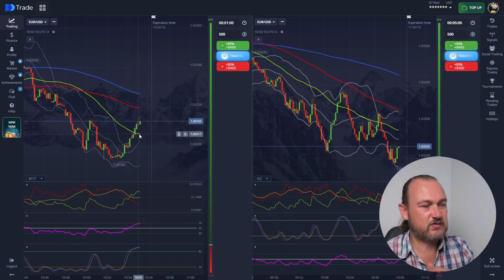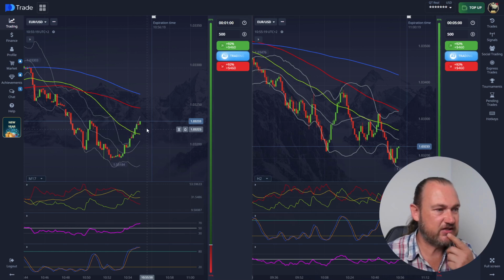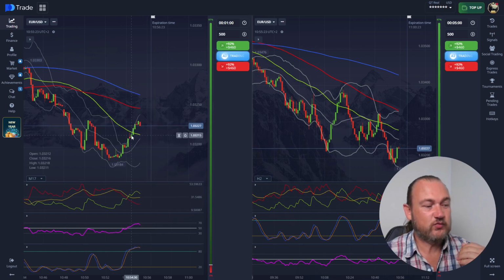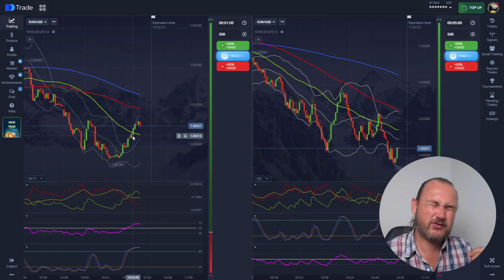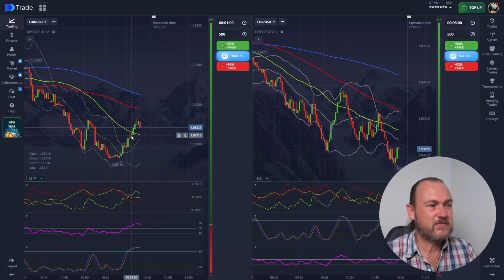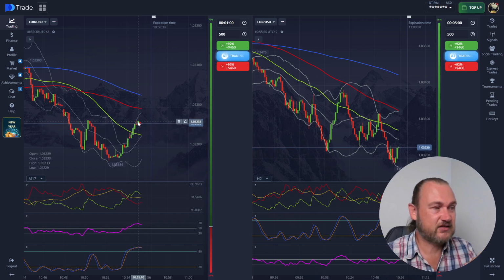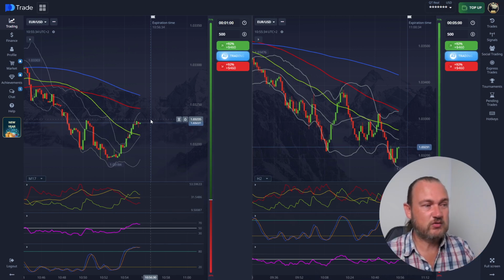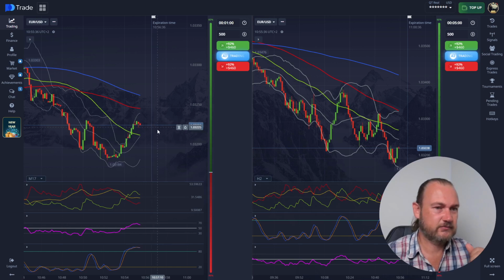This is a beautiful example of why we don't get into trades early. When price was still here, it was a hidden bearish divergence, but price kept pushing upwards and the divergence voided. So it's not valid anymore, so we can't take the trade.